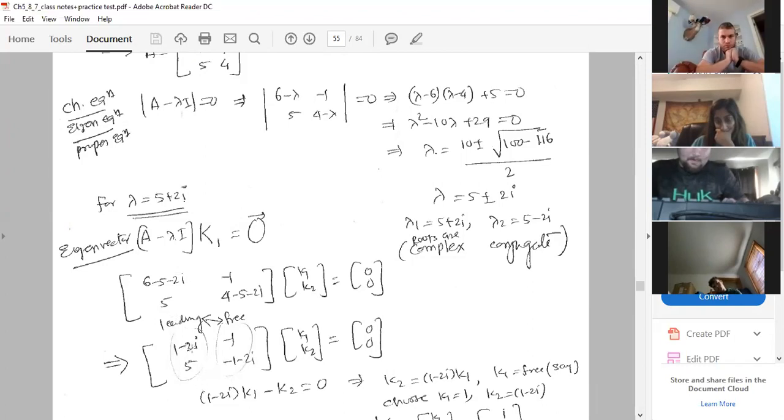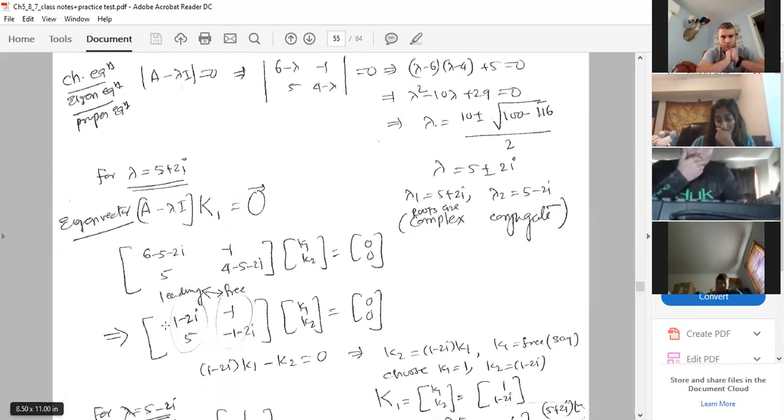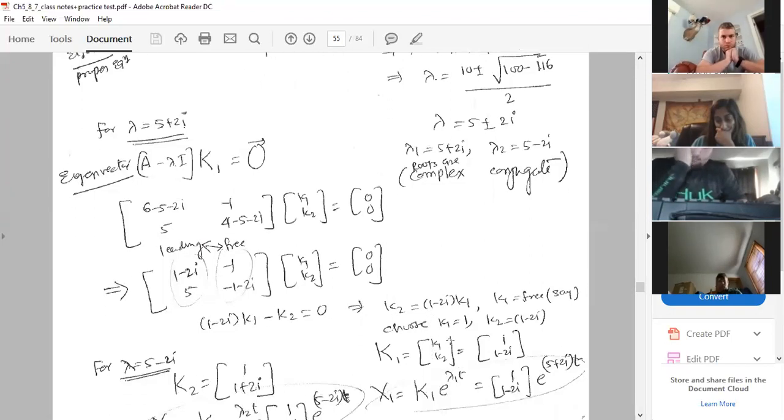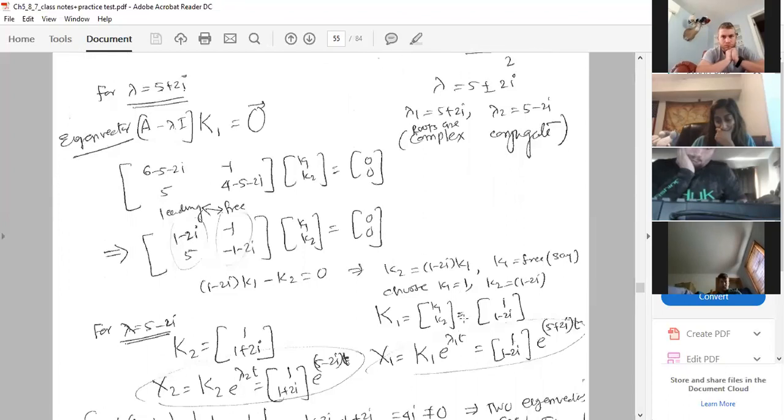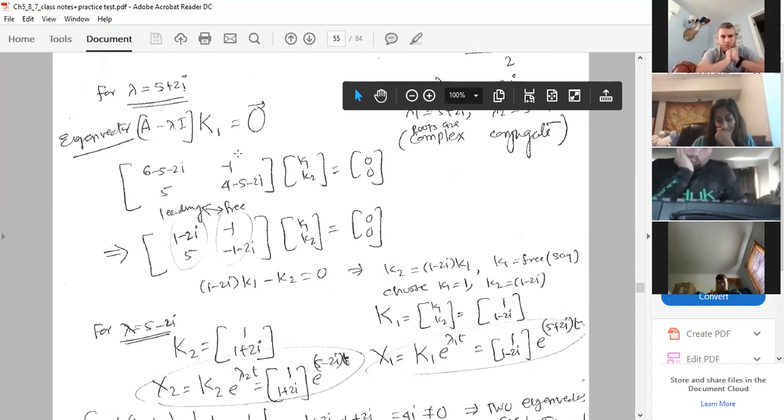I just want to stay with the same theme, whatever I have been doing. So let me keep this 1 minus 2i. This is my leading one, this is my free one. K1 is free, as I told you.